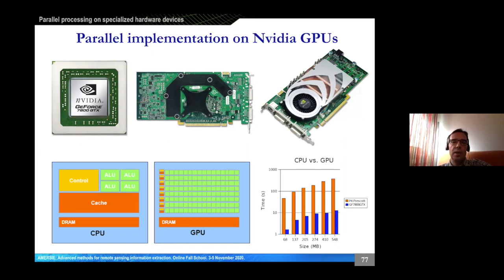We have our C program. We just need to add a few kernels that are related to the parts of the code that can be implemented in parallel, and just run those kernels on the GPU while the rest of the part will run normally on the CPU. And that's really easy in terms of developing new algorithms, because we don't even need to care about how to separate the parallel part from the serial part of the code, as the compiler, the NVIDIA compiler or the OpenCL compiler will automatically do that.